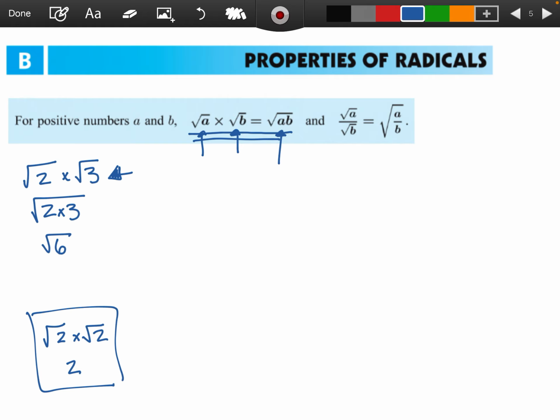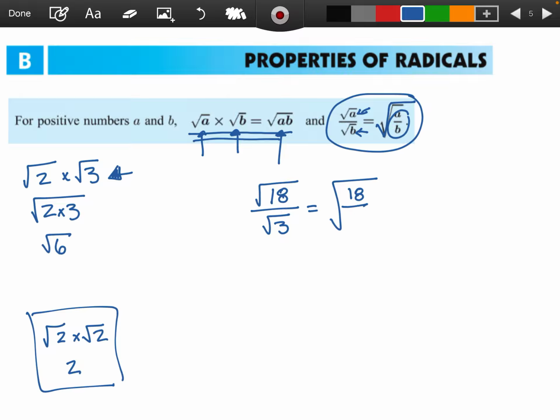And then by extension, the other property has to do with division. So if we are dividing two separate radicals by each other, that is the same thing as a single large root sign with the two numbers dividing by themselves. So for example, if you had the square root of 18 divided by the square root of 3, that's the same as the square root of 18 divided by 3, which is the square root of 6.